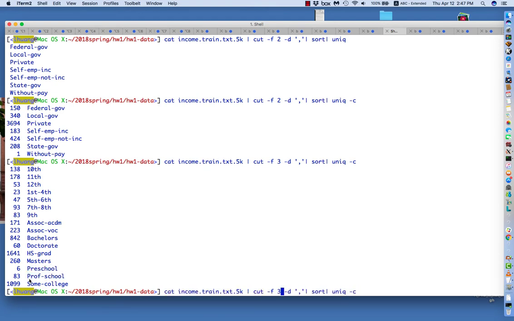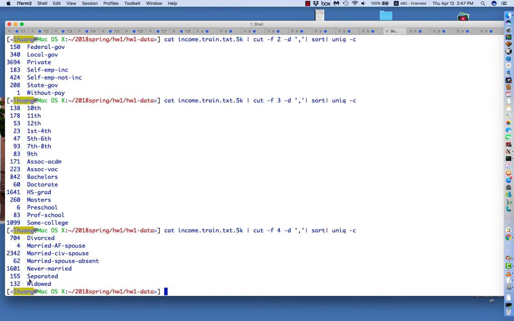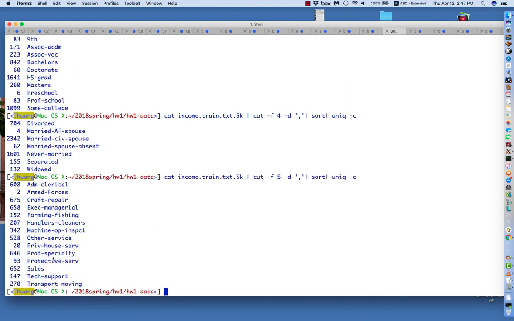The fourth field, if you look at that, it's marital status: divorced, married, whatever, separated, widowed. The fifth field is the occupation. Okay, you can work in armed forces or craft repair or executives or farming, fishing, and so on, other services, sales, transportation, moving, and so on.